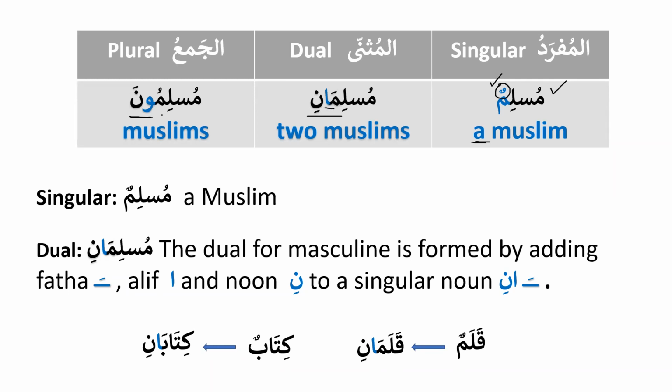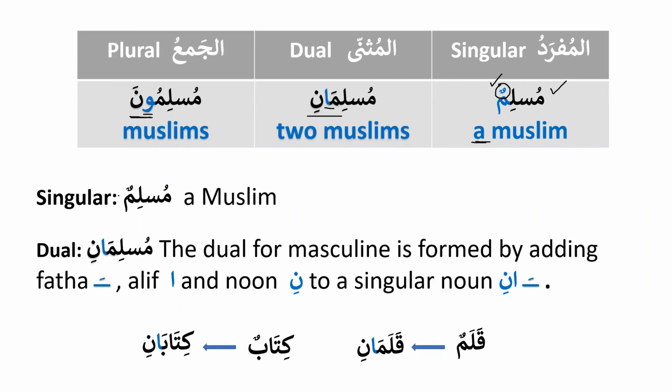Similarly, when we have dhamma and after that waw, it becomes longer. So it becomes muslimani, muslimuna: ani, una. And inshallah, after today's class, you will be able to make lots of dual forms and lots of plural forms by the end of this lesson, inshallah ta'ala.